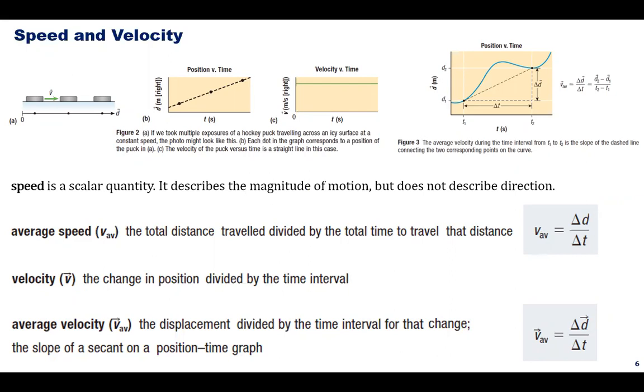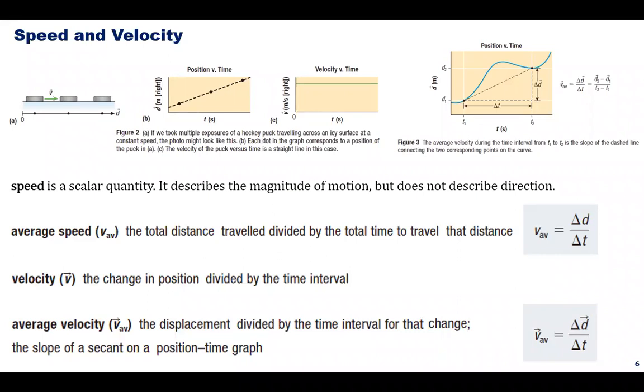Speed tells how fast an object is moving, and speed is always a positive quantity or zero. The distance between adjacent dots in figure 2A shows how far the puck has moved during each time interval.